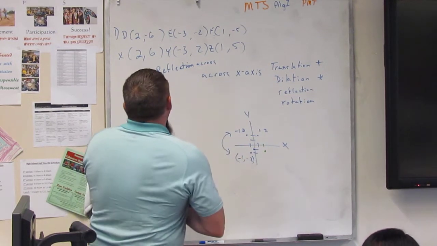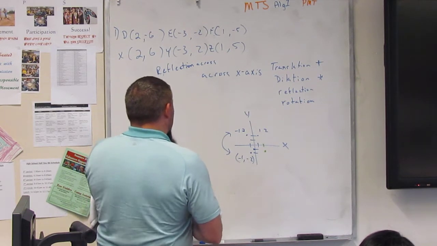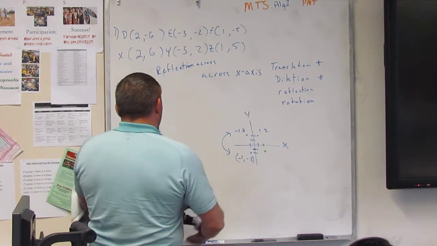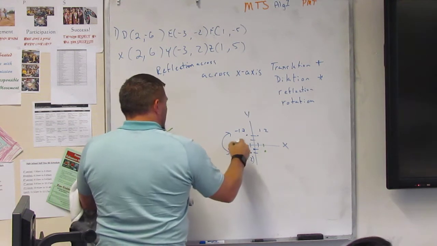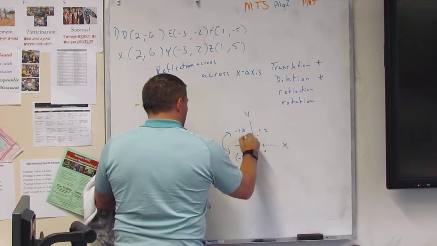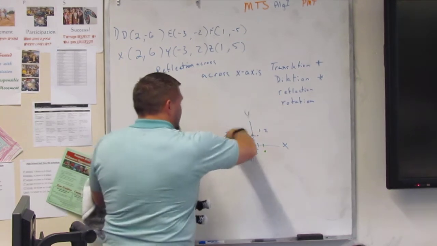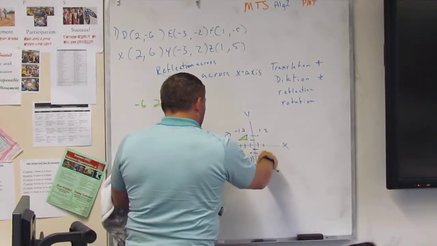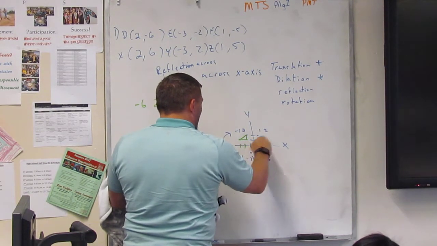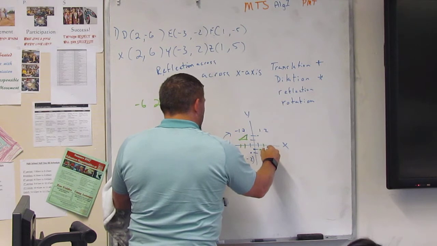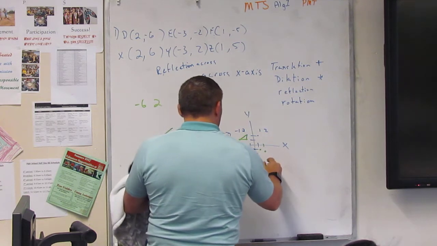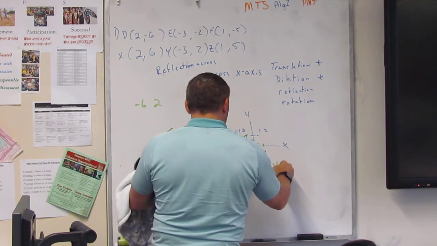Now, what happens here is a rotation. Because if I want to rotate, say, this, then this becomes this, right? This 1, 1 becomes 1, 1. This is 2, negative 1.